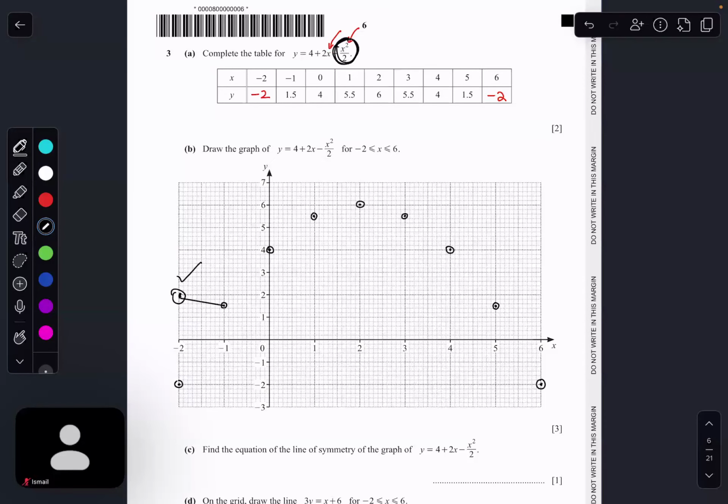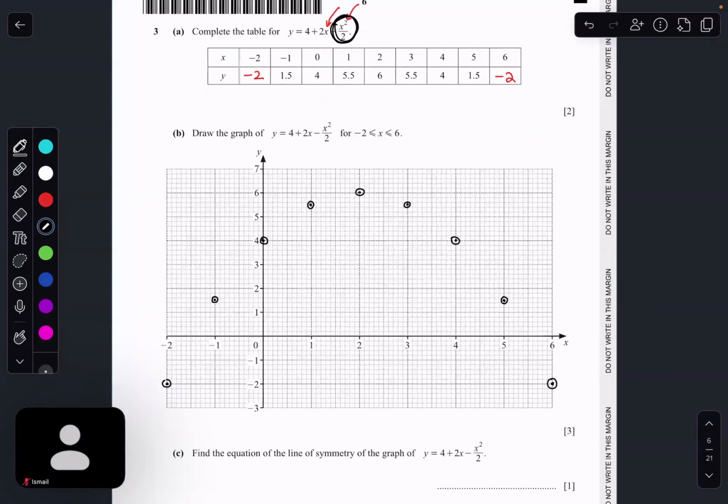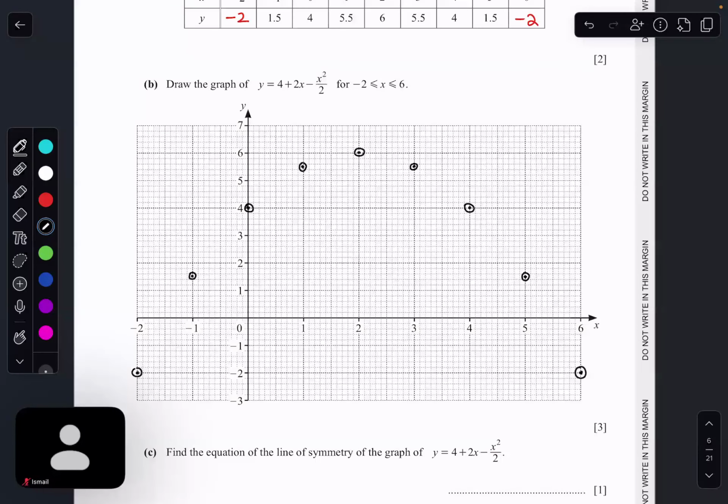Now let's draw it. From point to point, and whatever way you are comfortable with, just draw your curve like that. You can rotate your paper. Okay, so this is your graph.